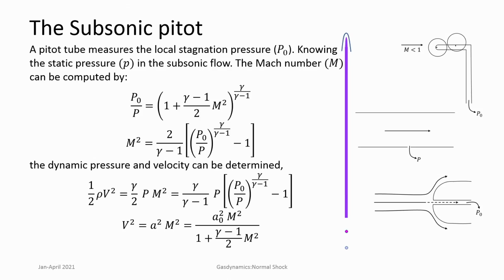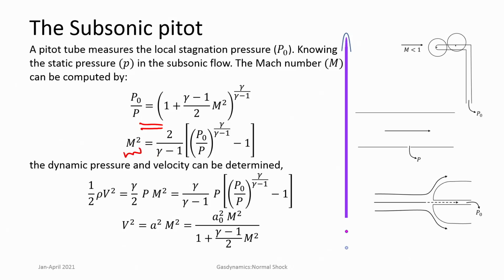Pitot measures stagnation pressure, and the relationship between stagnation pressure and static pressure is given by an isentropic process, and from this one can get the Mach number. So this is for a subsonic Pitot.